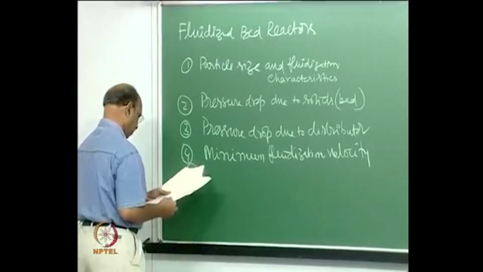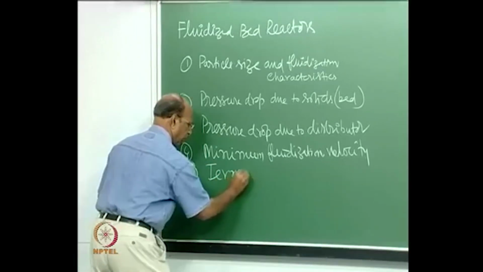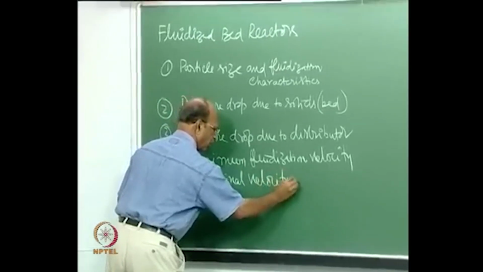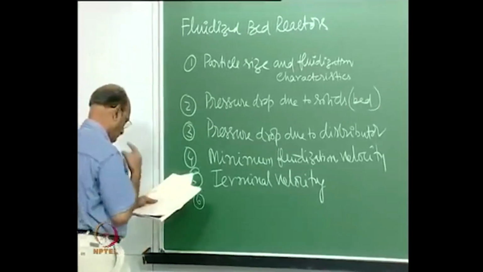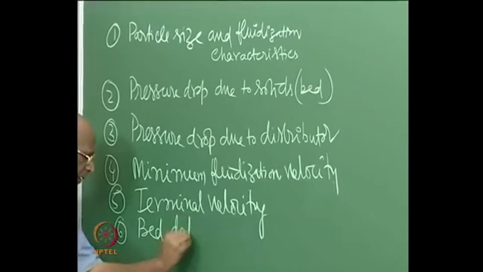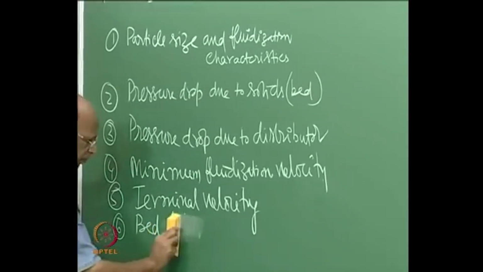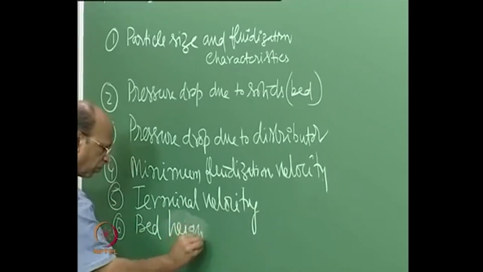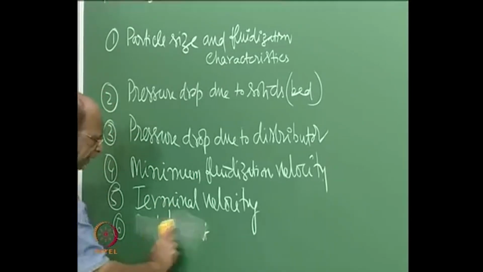Number five, terminal velocities. Six, bed height. I think I will write here static bed height.